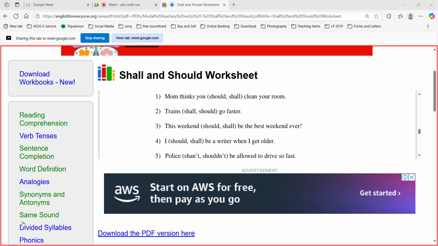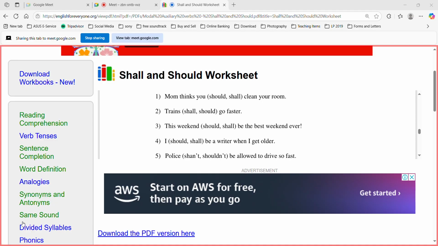Shall means you use it to express a future action. Mom thinks you. Should or shall? Should, right? Should you can use for the past, present, or future. But it depends on the sentence too. For number one, the answer is should.